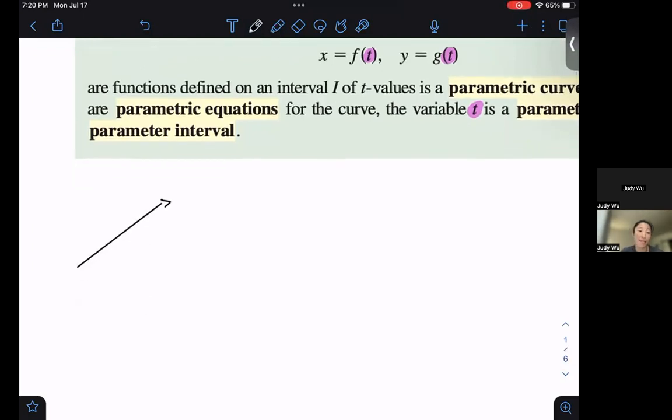Now, this graph that I just drew is a line, and we know that's y equals mx plus b, so maybe that's not super exciting. But what if we had something that was moving kind of like this, and in fact, what if it was moving in this direction?